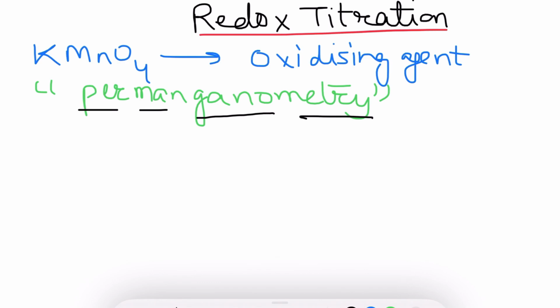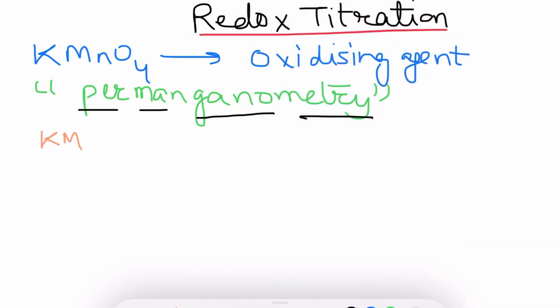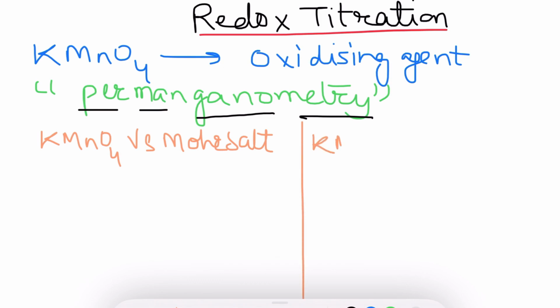In our syllabus, we have two redox titrations. One is the reaction of KMnO4 with Mohr salt solution. The other is the reaction of KMnO4 with oxalic acid solution.